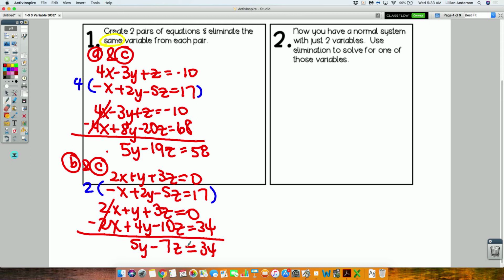The goal of step 1 is to eliminate the same variable from 2 different pairs of the equations, so that way now we have a normal system that has 2 variables. 5y minus 19z equals 58, and then 5y minus 7z equals 34. Now we just have a regular 2 variable system.